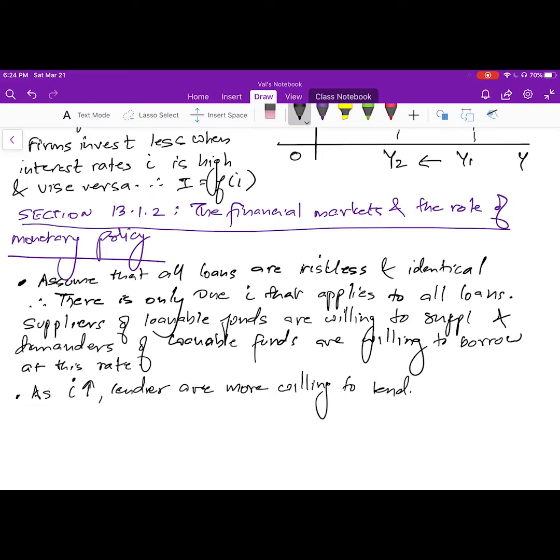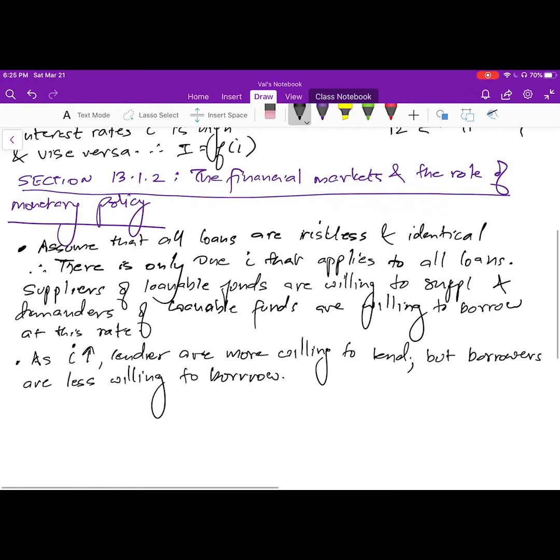But on the other hand, borrowers are less willing to borrow. So these are some basic characteristics of the financial markets and the role of monetary policy.